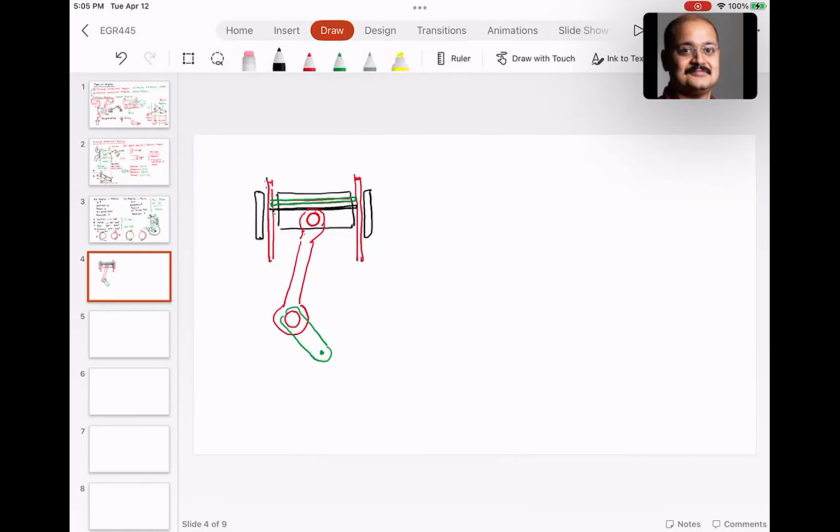Then there will be the cylinder body. So this is how the body would look. And what I'm showing you here is a stationary cylinder. This is not an automotive engine, but this is just to show you how the typical piston cylinder assembly looks like. So you have something like this.